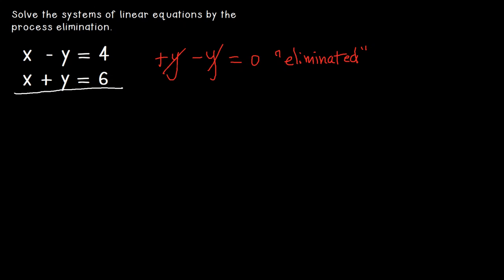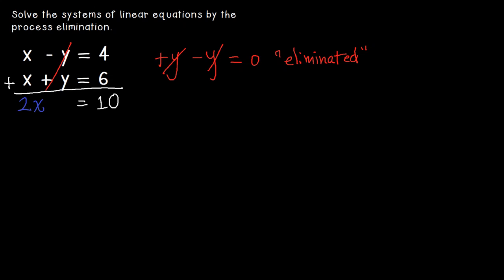So I'm going to put a little plus to say that we are combining these two together. The plus y and minus y, when added together, become zeros, while the x and the x, when combined, become 2x. And that is equal to 10, because 4 plus 6 is equal to 10.